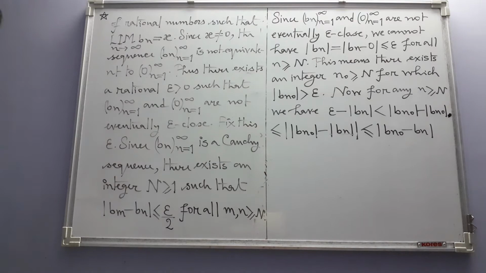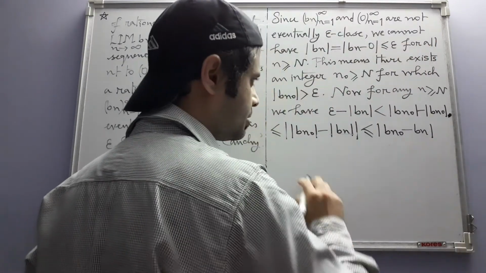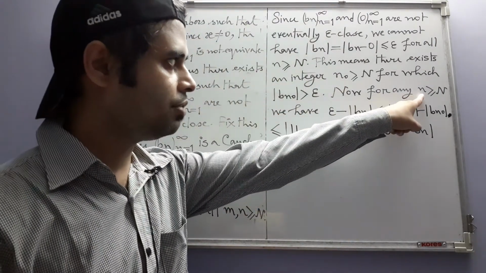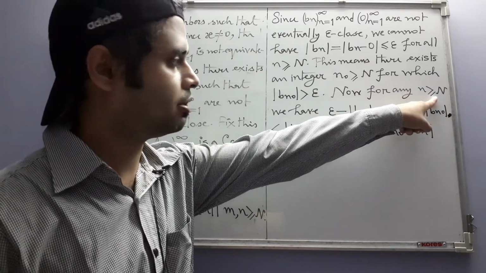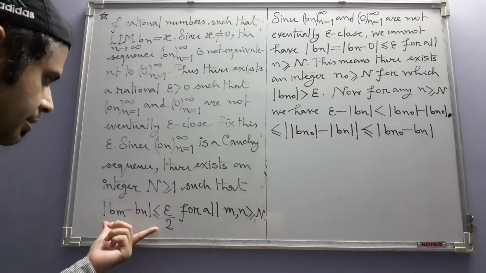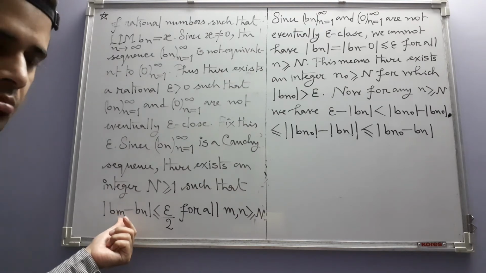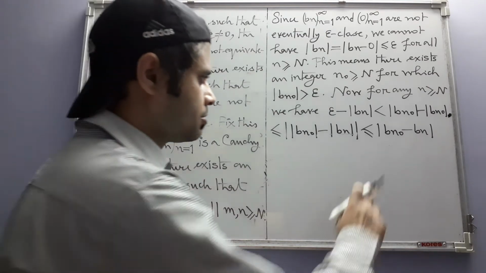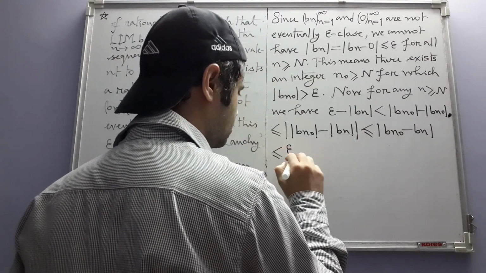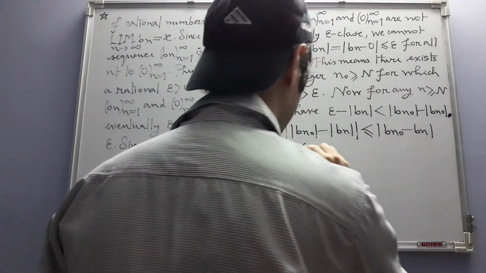Why is that so? That we will give its justification, but let us complete this series of inequalities. Now you look at this. The n we have chosen is greater than or equal to N, and n naught is also greater than or equal to N. So by the definition of Cauchiness, we can take n naught in place of m, and n of course is n. So this will be less than or equal to epsilon by 2. Now we write the justification for this inequality.